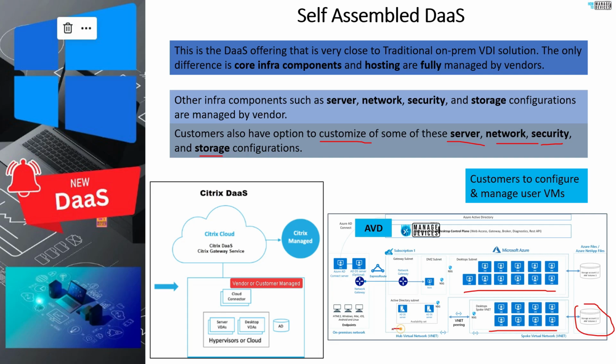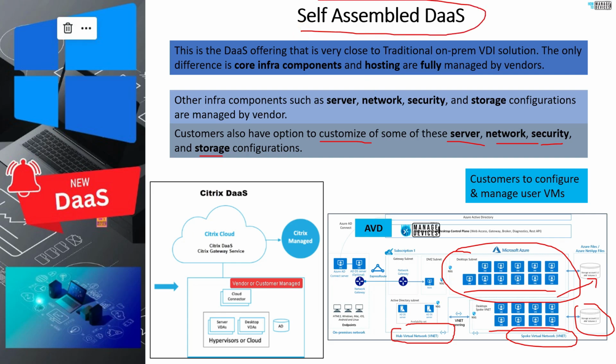Customers will have to create their own VNets in a hub and spoke model, normally for all these self-assembled DaaS scenarios, and they can configure the storage locations, and they can select server configurations, server templates, etc. So that is why it is self-assembled DaaS.